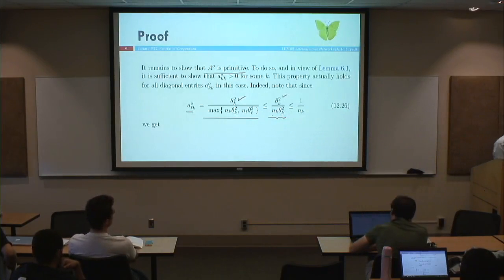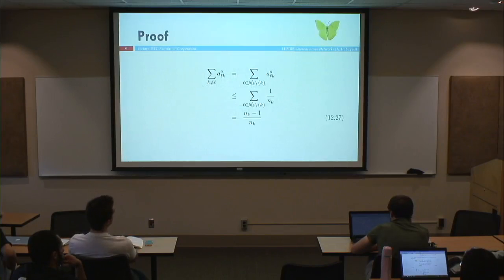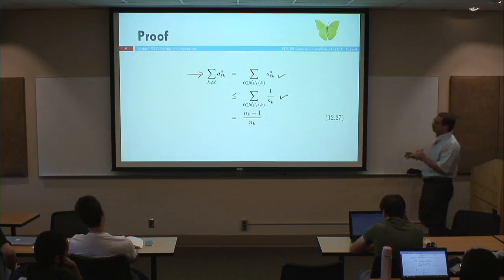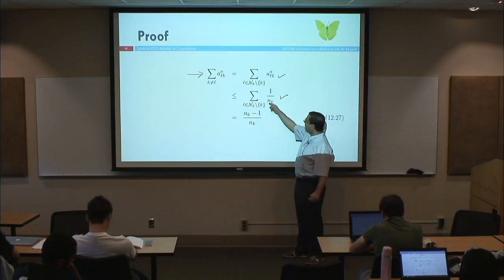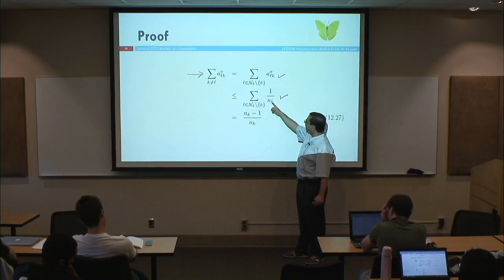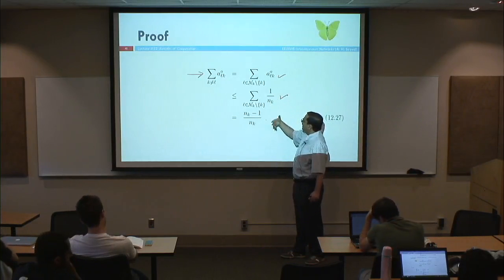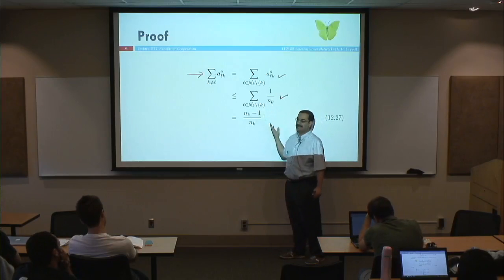If this holds, then if you add all the a's on a particular row, except for the diagonal one, this will be upper bounded by that, right? You are adding 1 over n_k, n_k minus 1 times.